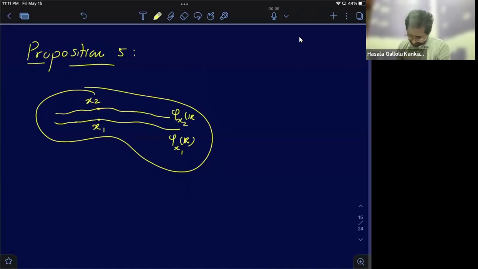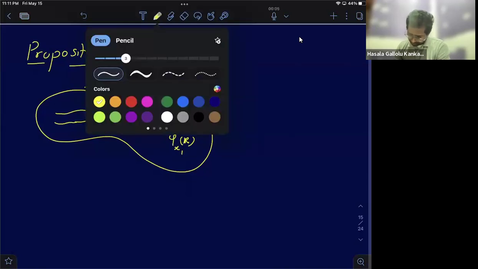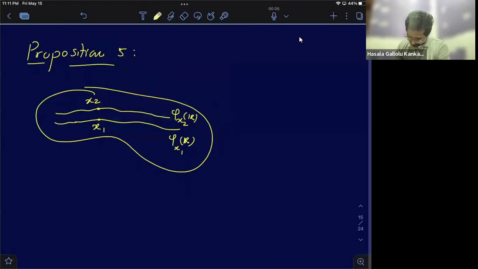When I drew this second one, or let's say let's draw a third one, x3 right here. So can't I have this kind of a possibility? This is going through this and then it's intersecting this at one point. Now use your intuition. Think about this.